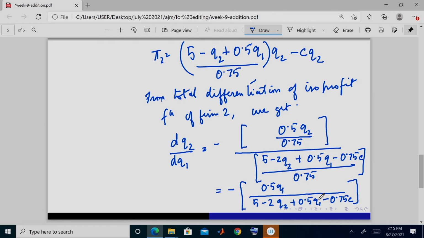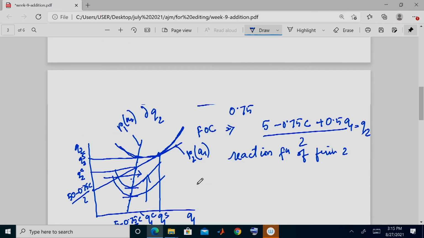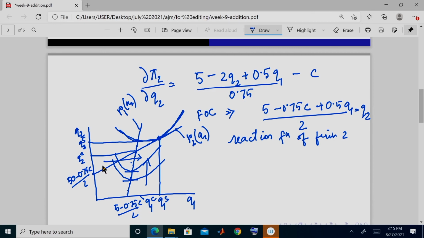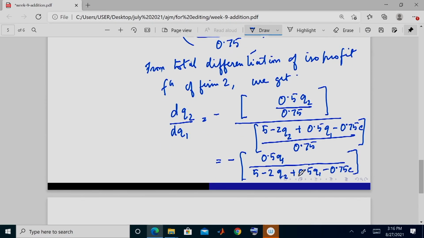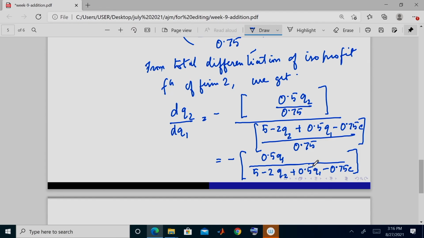So, when we are at the reaction function of firm 2, this takes 0. So, this is at 90 degrees. So, isoprofit curves are like this, because if we keep Q2 fixed and keep on increasing Q1, this will be negative, and if we keep Q1 fixed and keep on increasing Q2, this will be negative, and this is negative, so it will be positive.